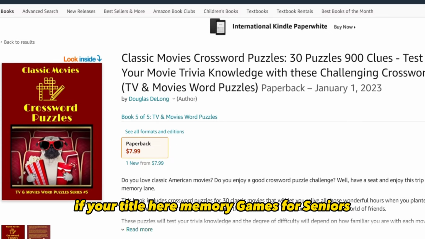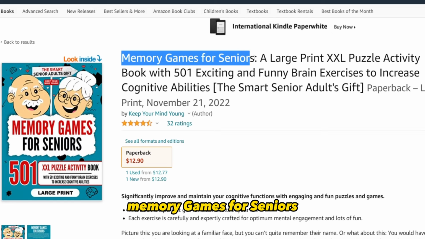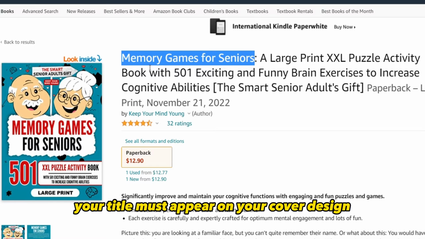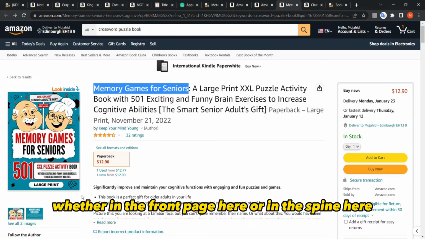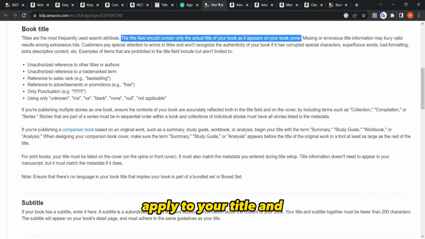If your title is Memory Games for Seniors, your title must appear on your cover design, whether on the front page here or on the spine here. Okay, so this is the first rule that you must apply to your title.